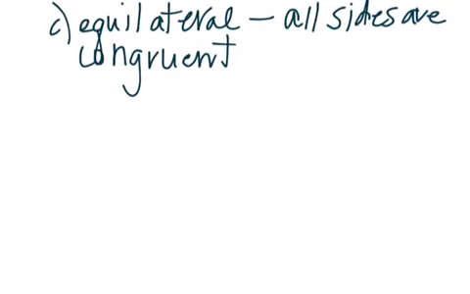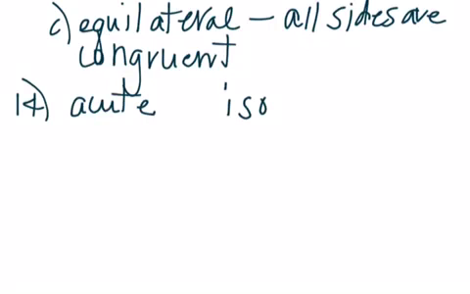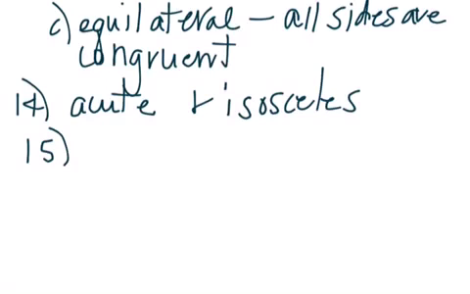So based on that, if you look at number 14, the angles are all less than 90, so that is an acute triangle. But we have two sides that are congruent, so it is an isosceles. 15, if you'll notice, has one 90-degree angle, so it is a right triangle based on angles.